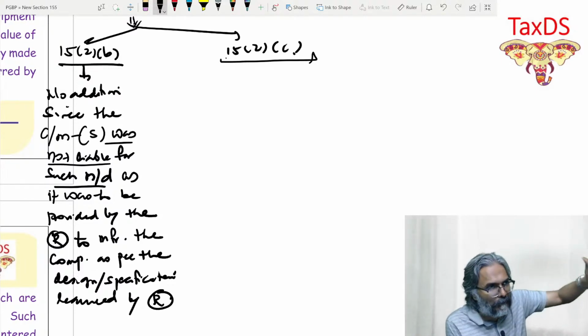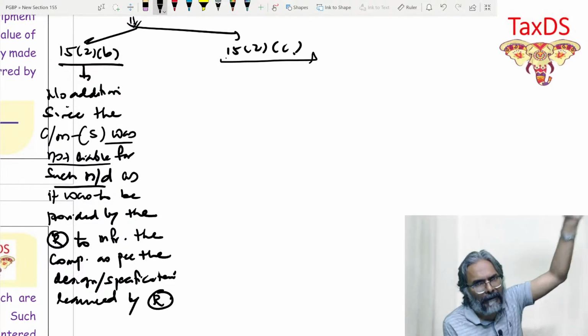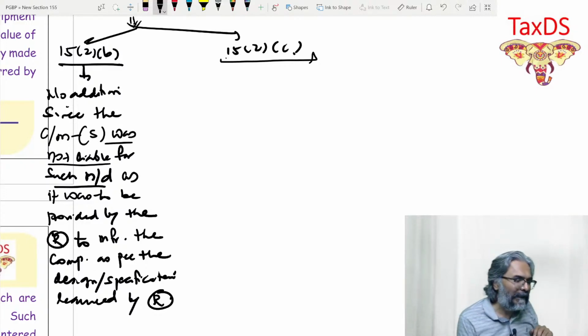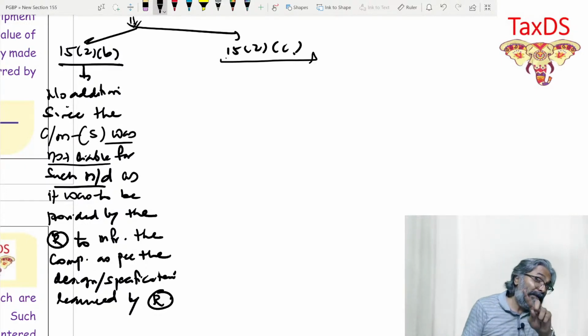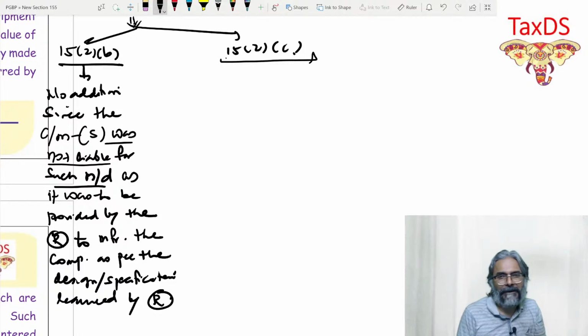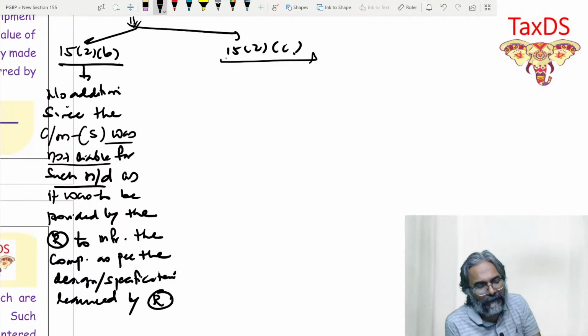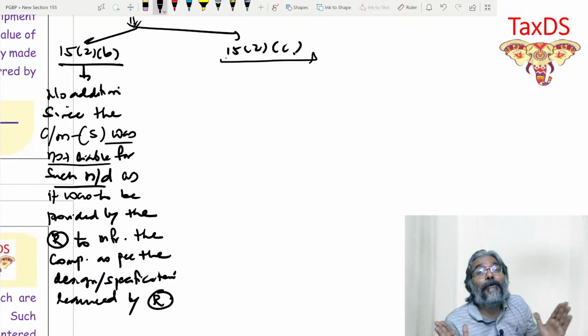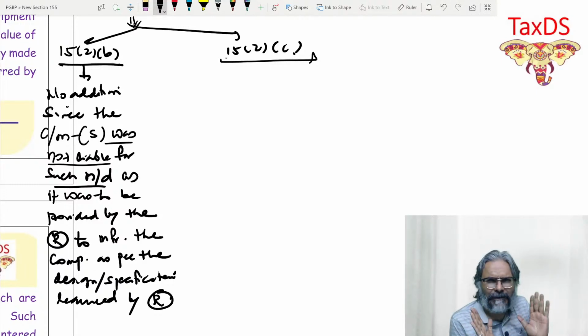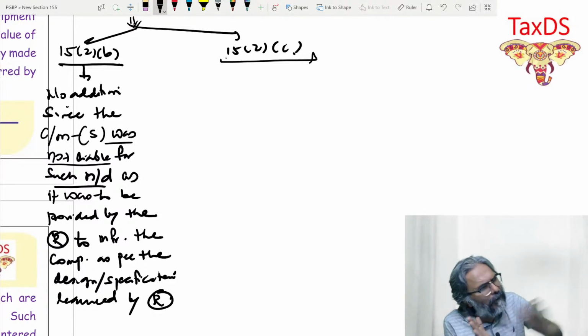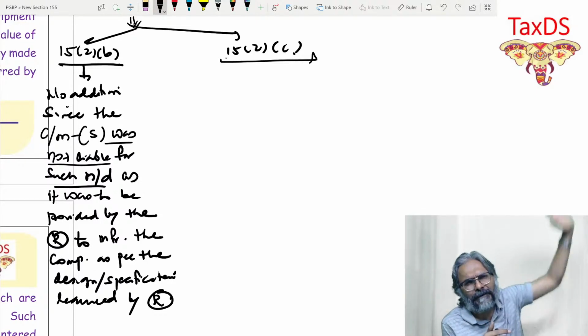So if it is the design and specification that you require, then you will provide me the molds and dies. But see, students, be careful, the answer would have changed if these were general molds and dies, meaning items which have a general shape for all the goods to be manufactured.